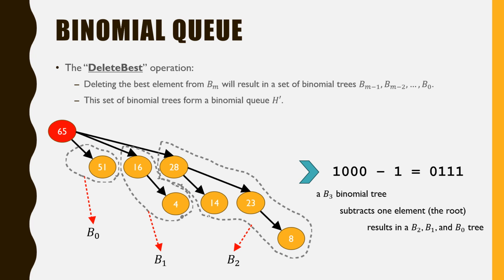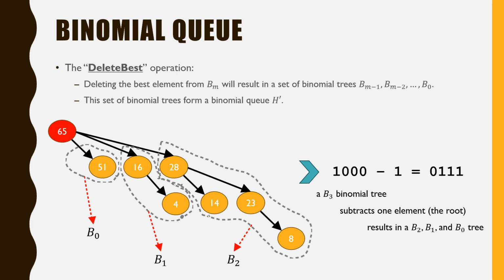This property can also be understood through binary subtraction. For example, the binary representation of the binomial tree B3 is 1000, where only the third position of this binary has a value of 1.